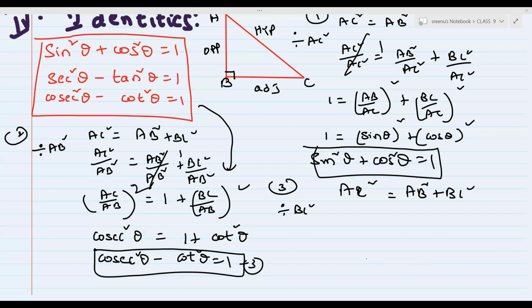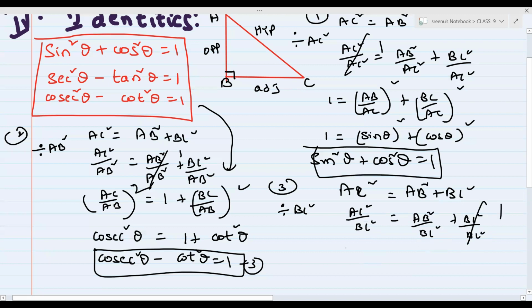How much did you get? AC by BC. Hypotenuse by adjacent. Hypotenuse by adjacent is secant square.